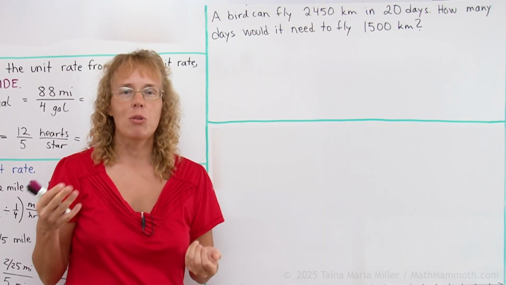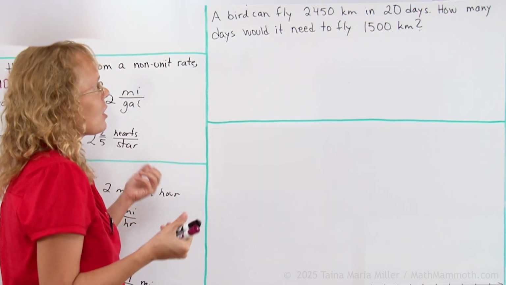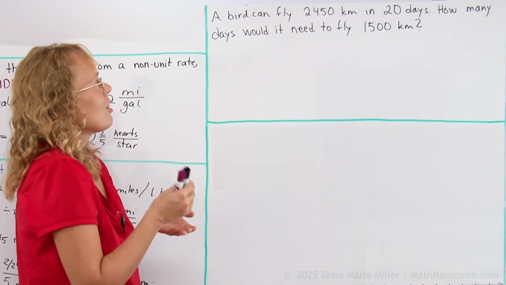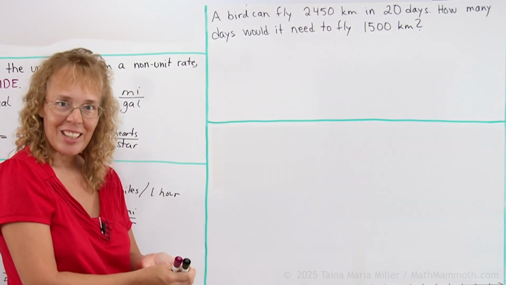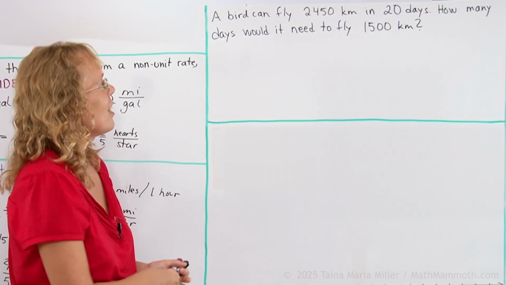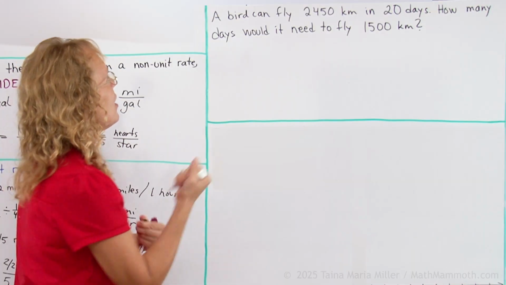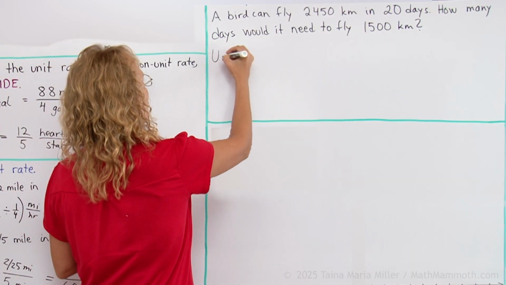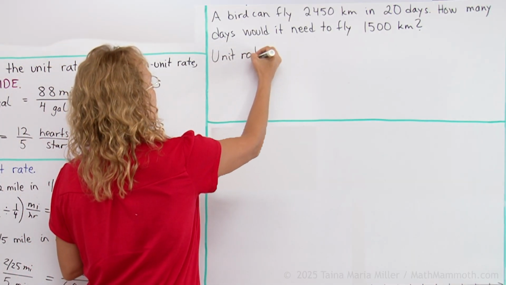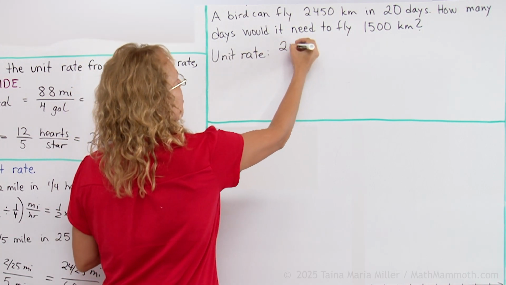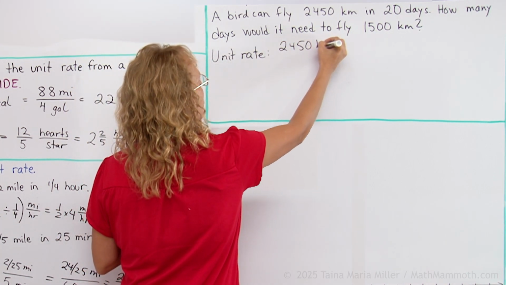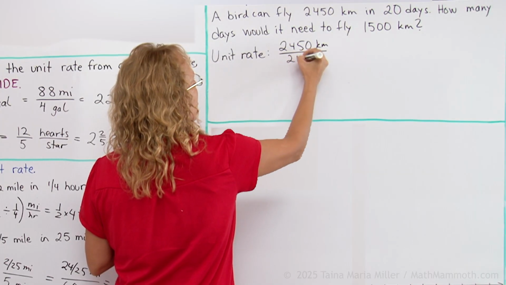Because that's a pretty natural way of thinking about it. You would just simply calculate the kilometers per 1 day, unit rate, and then figure out the other part. So let's say I put here unit rate, 2,450 kilometers per 20 days.